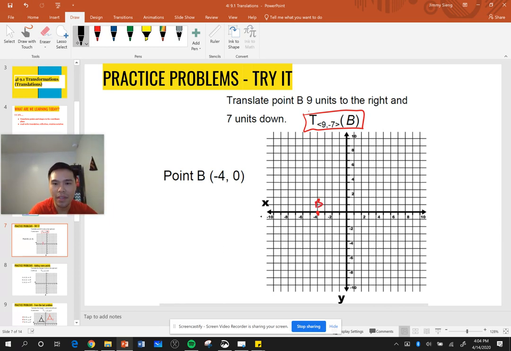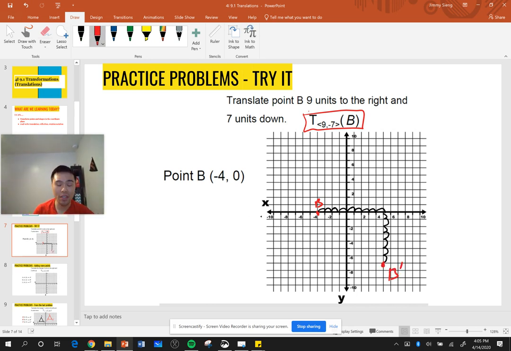Okay, so then I'm going to go to the right 1, 2, 3, 4, 5, 6, 7, 8, 9. And then I'm going to go down 7: 1, 2, 3, 4, 5, 6, 7, right? So I end up there, and I'm going to call that B prime, okay?